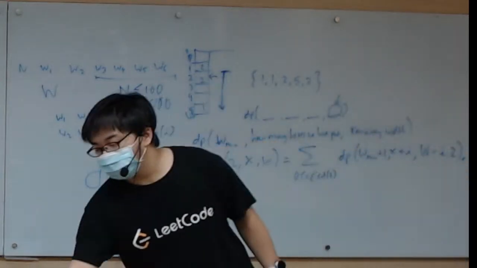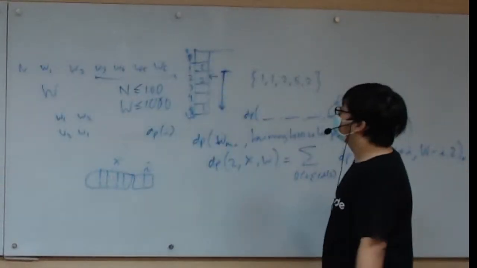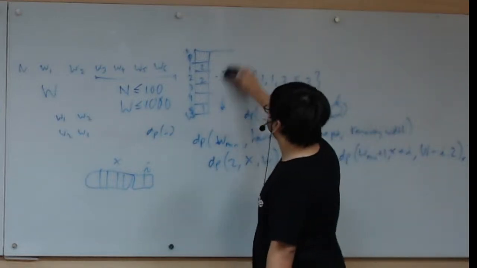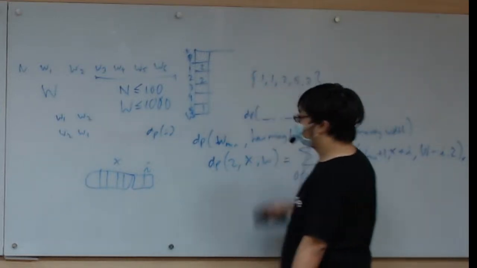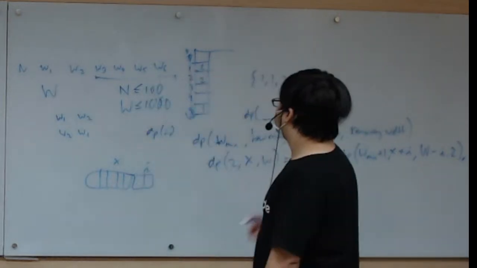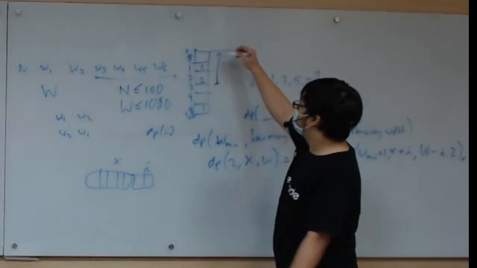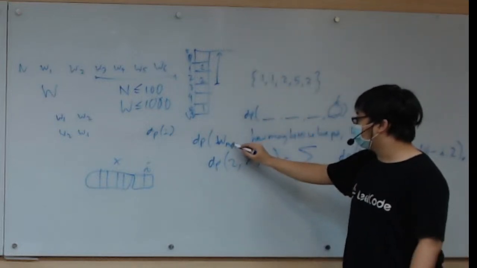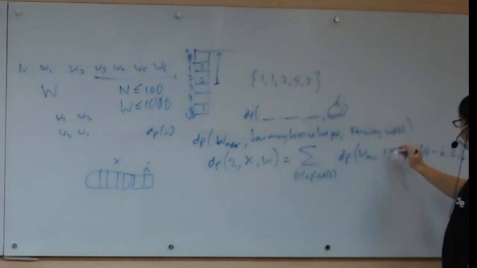Instead of doing that, the DP is like the prefix. So instead of W min, this is W max, and then this is minus 1.